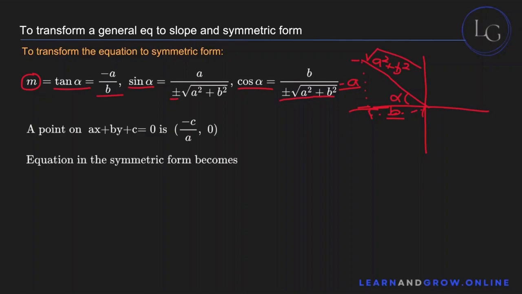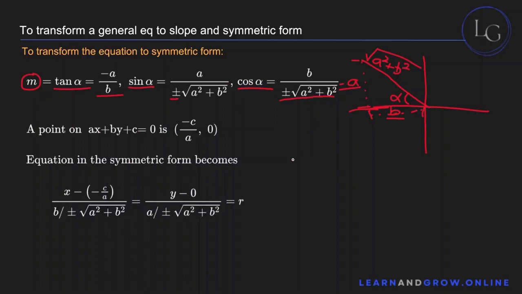Now that you have this, let's see the equation in the symmetric form. The symmetric form equation was x minus x1 over cos alpha, which is equal to y minus y1 over sine alpha, and that is equal to some constant r.